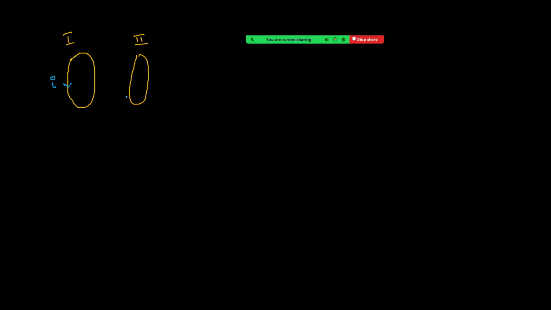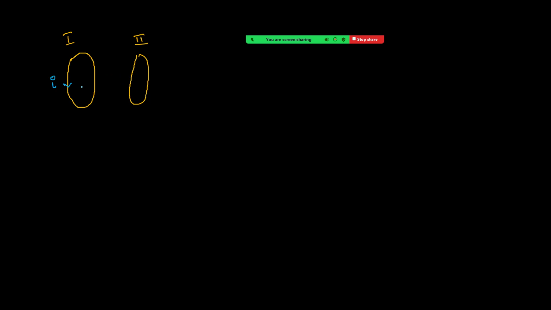And we have learned that whenever the magnetic flux linked with a coil changes, an EMF is induced in that loop, right? This is according to Faraday's law. That means here current is flowing in coil 1, but EMF is induced in the second coil. So this is known as mutual induction.